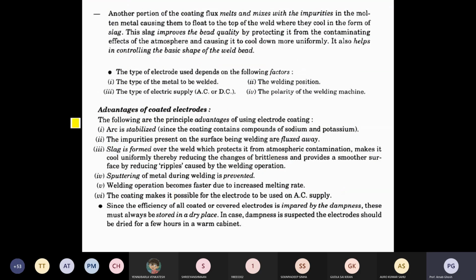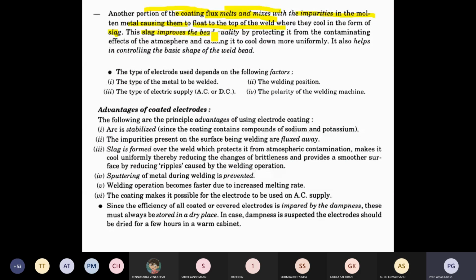Another important point: another portion of the coating of the flux material melts and mixes with the impurities in the molten metal, causing them to float to the top of the weld, where they cool to form the slag. Slag means molten flux, molten material, and it is also used for cooling down.